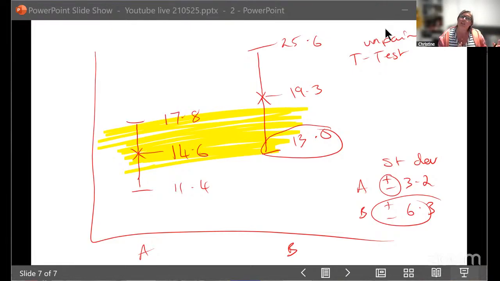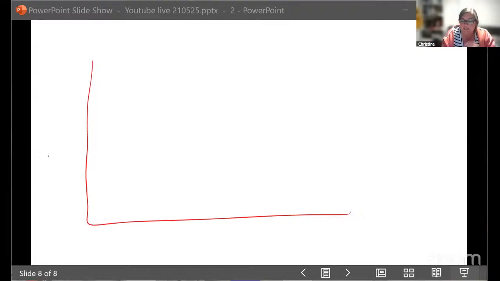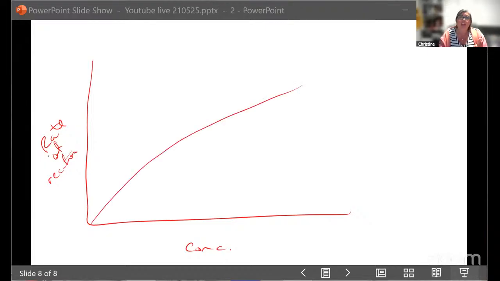Or if it is a correlation, so for example, if instead I wasn't looking at two means, instead I was looking at, let's say, concentration and rate of reaction, and my data was following a trend that looked like that, then again, I would say I want to do a statistical test to see if there is an association between the concentration of substrate and the rate of the reaction, whatever that reaction may be.